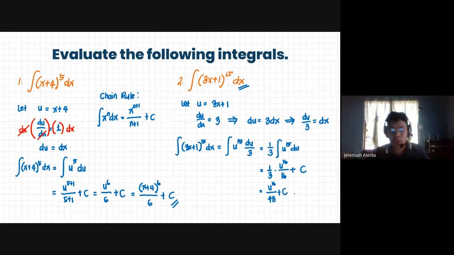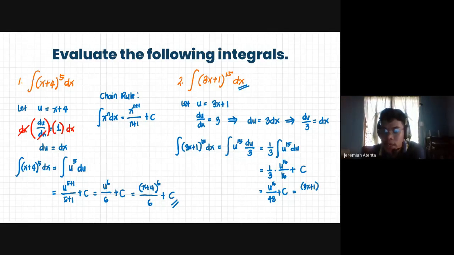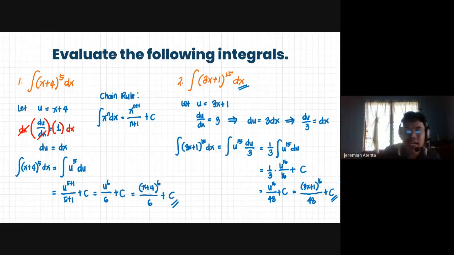And we need to again write the final answer in terms of the given variable, which is x. So we now have here, u is just 3x plus 1. So you have 3x plus 1 to the power of 16 over 48 plus c. And this is now our final answer.